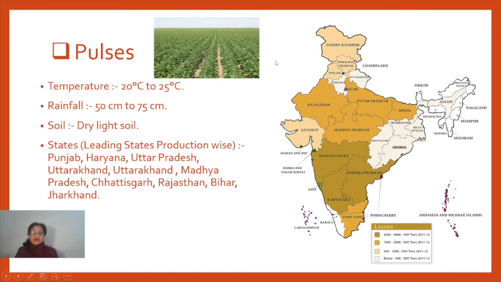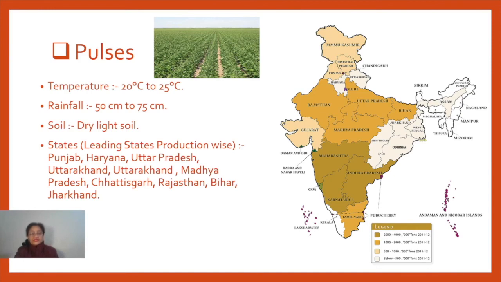Their protein requirement is fulfilled by the pulses, right? So keeping this in mind, pulses cover a major part of our normal meals in our country. So it fulfills the protein requirement for a large number of people who belong to the vegetarian group. So for them it is an important part of their meal.